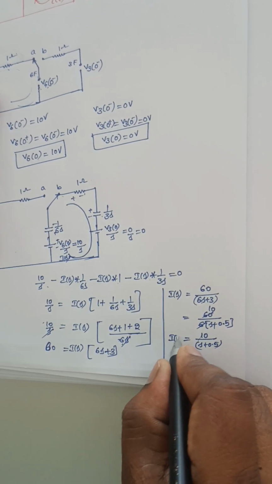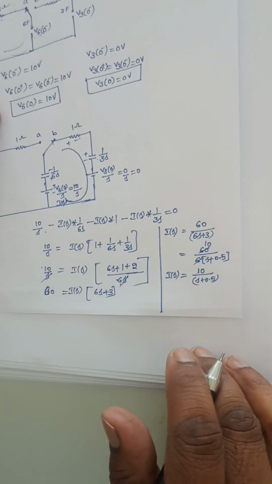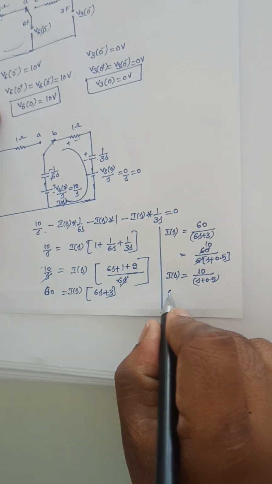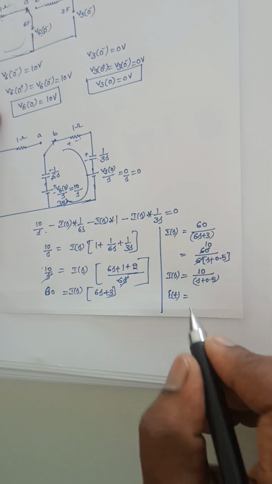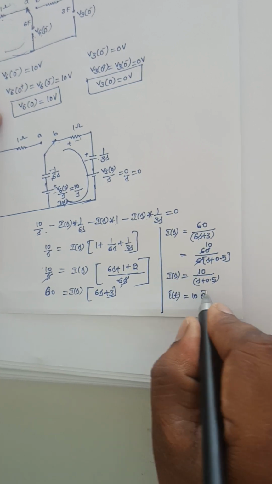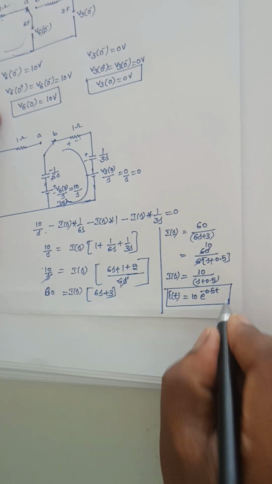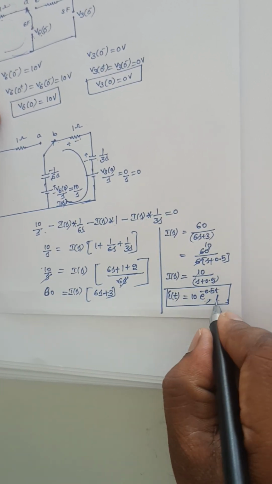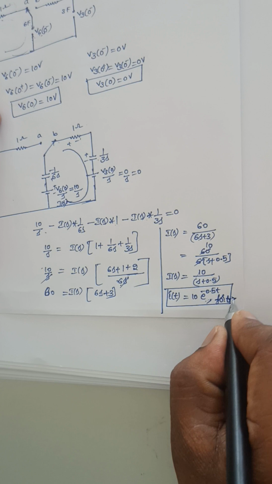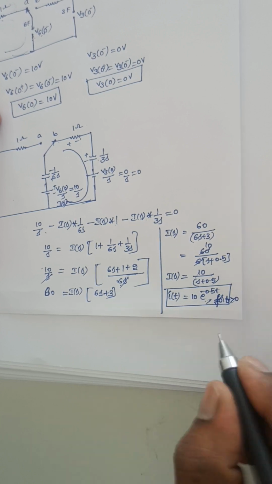So it is I of s. Here I need to find I of t. If I take the inverse Laplace transform for it, it will become 10 into e power minus 0.5t. So this is the current expression for t greater than 0.